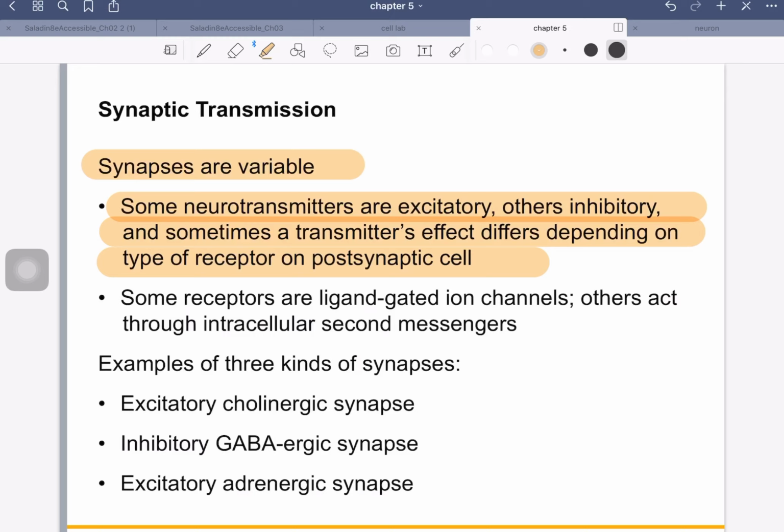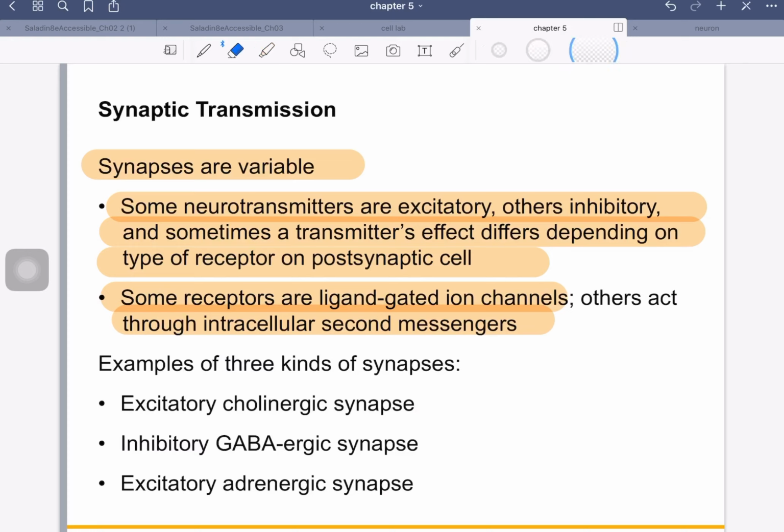So it's not always the messenger, it's also the receptors that can influence what the effect will be within that cell. But some receptors are ligand-gated channels, and some act through second messengers, systems that we've seen before.